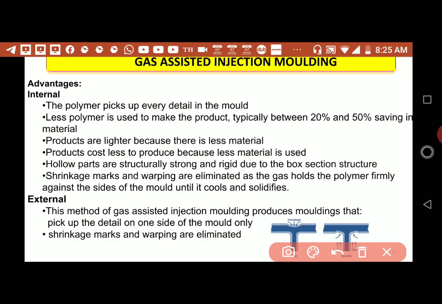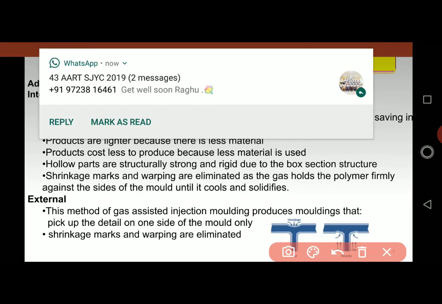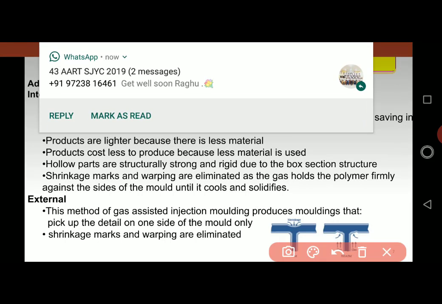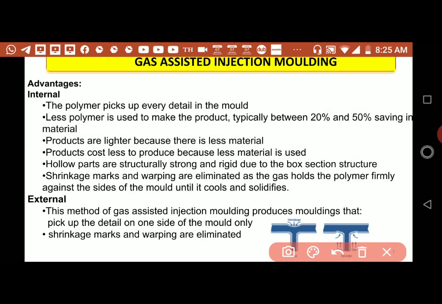Usually hollow parts are structurally strong and rigid, and the shrink marks and warpage are eliminated as the gas holds the polymer firmly against the sides of the mold until it cools and solidifies.